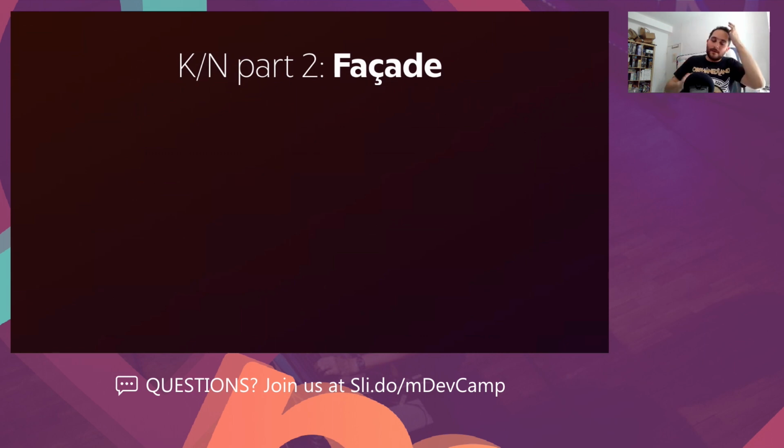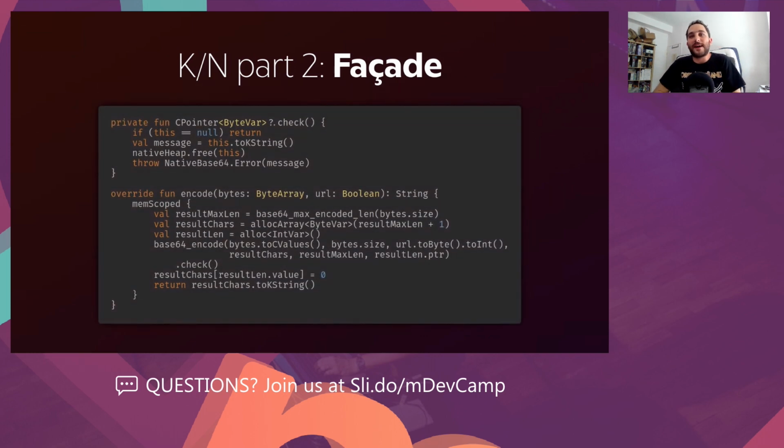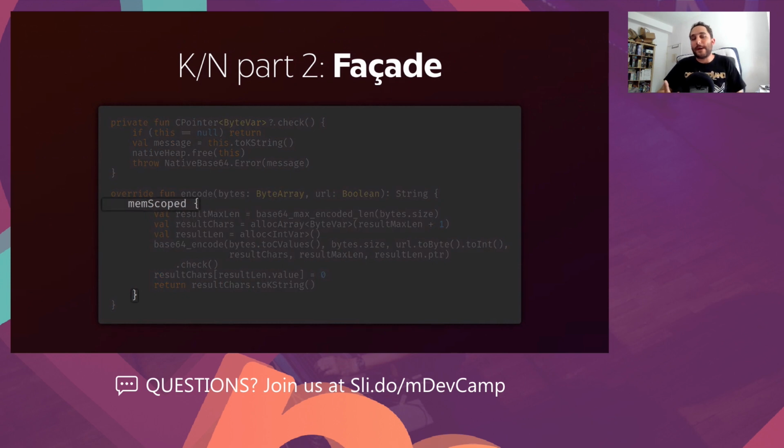So once Kotlin Native has generated this bridge for us, we need to use it. And to that end, we need to write a facade that will transform this low-level Kotlin Native C-interop generated code to the interface that we created earlier. And that's very simple. We use memScope for everything so that we're sure that there are no memory leaks.